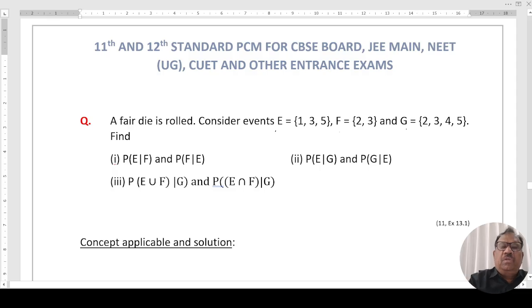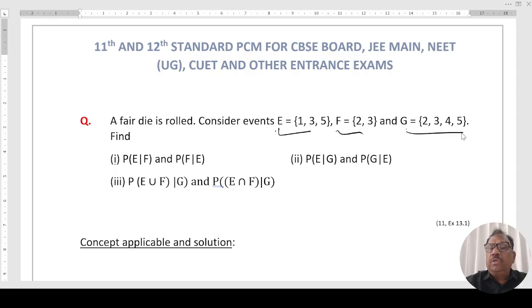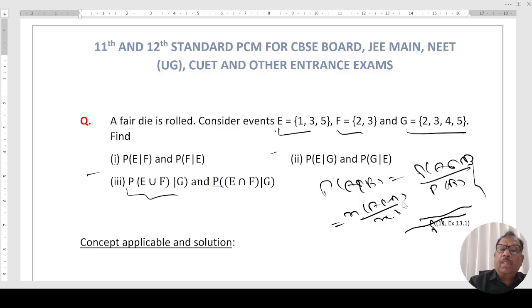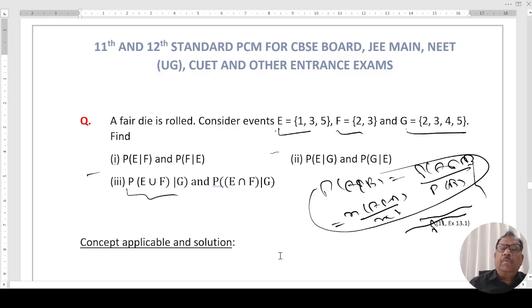The question is: if a fair die is rolled, consider events E, F and G, sets are given to you, find this. I will consider only this one, because the same concept is applicable. P of A over B equals P of A intersection B upon P of B, that is N of A intersection B over N of B. This concept is applicable everywhere.